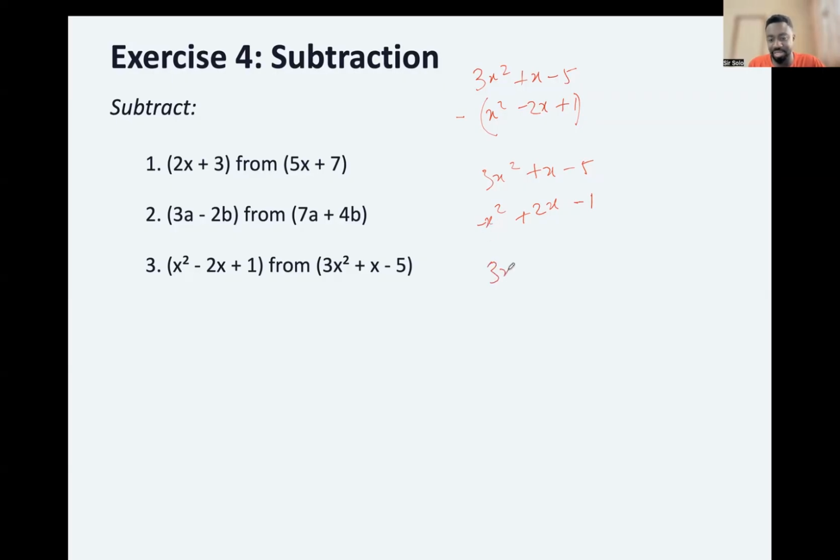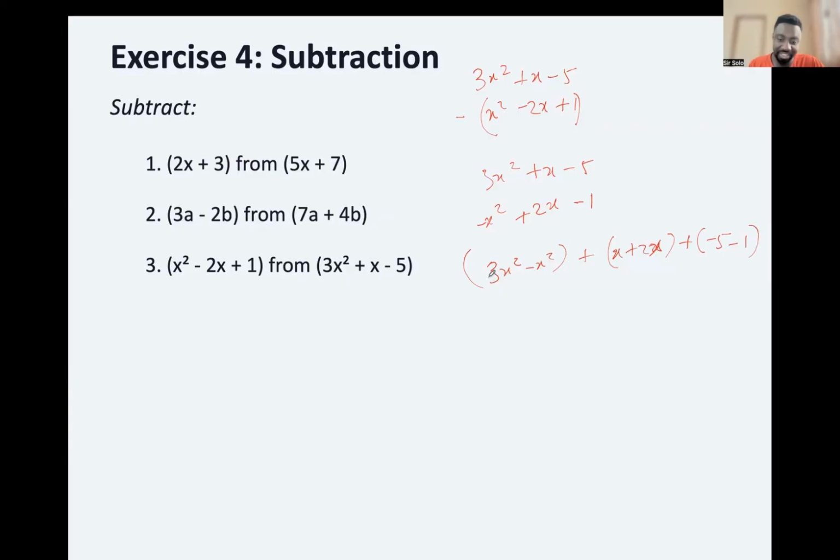So we're going to have 3x squared minus x squared, plus 3x and 2x are like terms, right? You combine them. Then minus 5 minus 1.